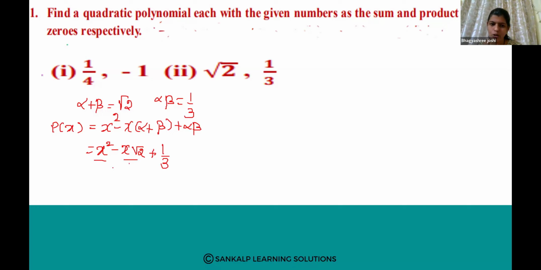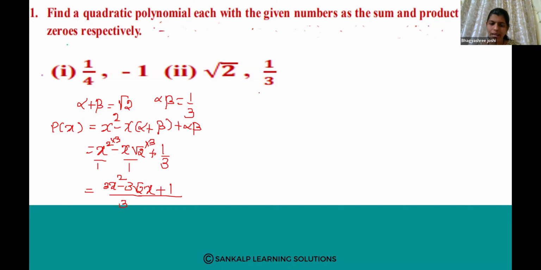Dear children, here also nothing is there means 1. So LCM is 3 here. 3 means here I need to multiply by 3. Here also 3. 3 into x square, 3x square minus 3 root 2 into x plus 1.